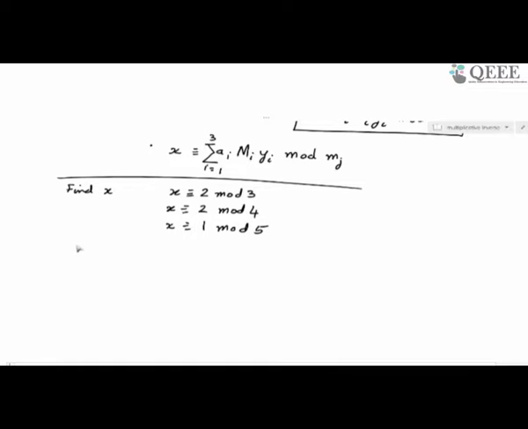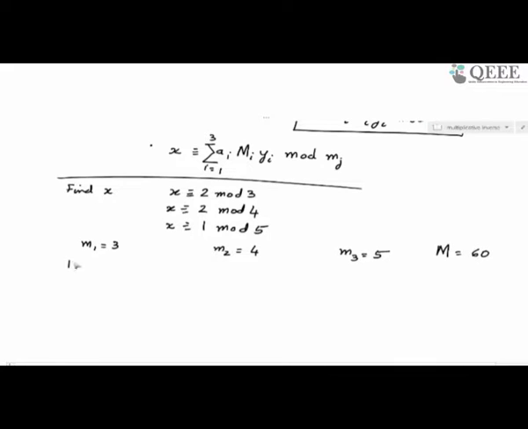So we will first define that m1 is equal to 3, m2 is equal to 4, and m3 is equal to 5. Now by our definition, we compute the capital M to be 3 into 4 into 5, and that is equal to 60.